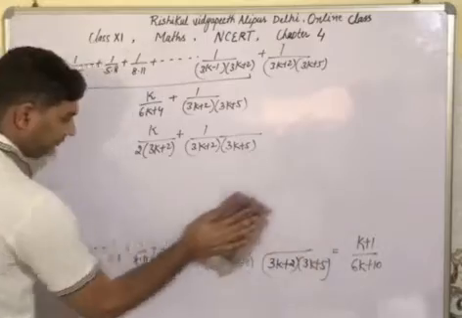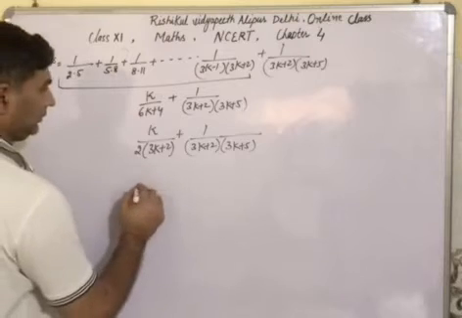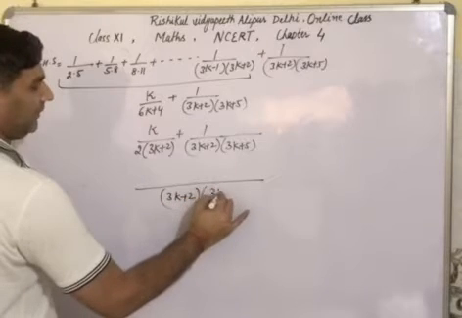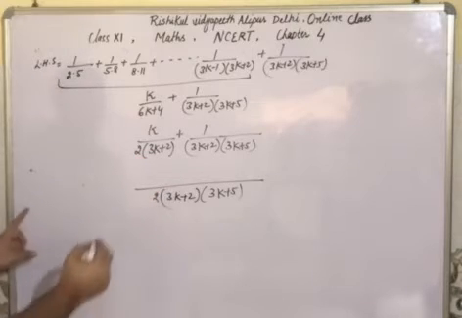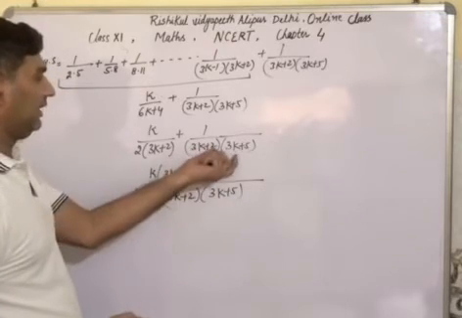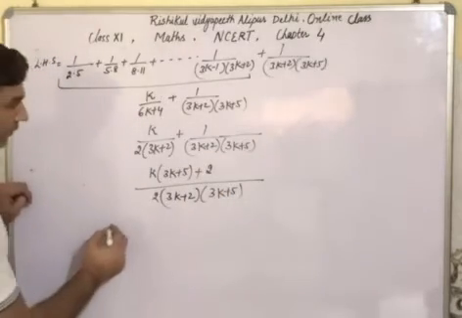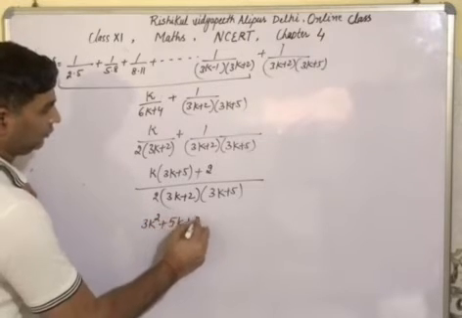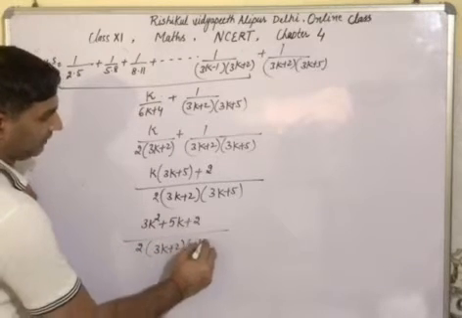Taking LCM, it is (3k plus 2)(3k plus 5) into 2. This complete divide to this: k into (3k plus 5) plus this divided by this, and this term is 2. And then 3k square plus 5k plus 2 upon 2 into (3k plus 2) and (3k plus 5).